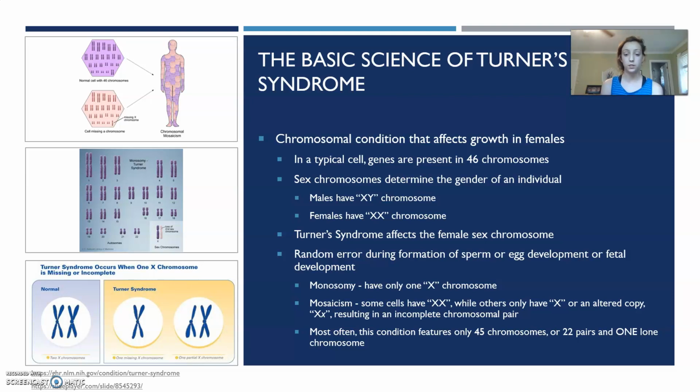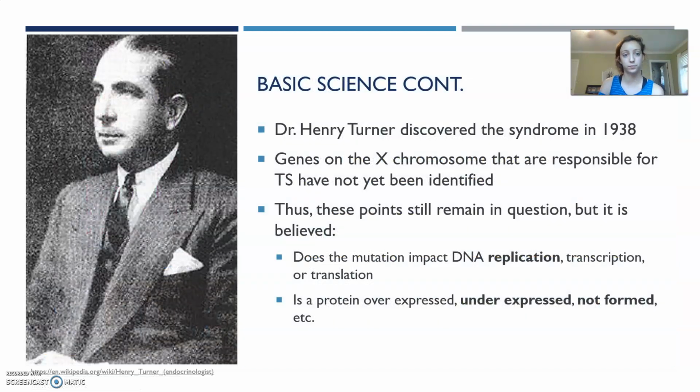Most often, this condition features only 45 chromosomes, or 22 pairs, and one lone chromosome. As seen in the first and third images on the left, you can see the mosaicism type of Turner syndrome and what it looks like on the chromosome level with an incomplete pair on the bottom.